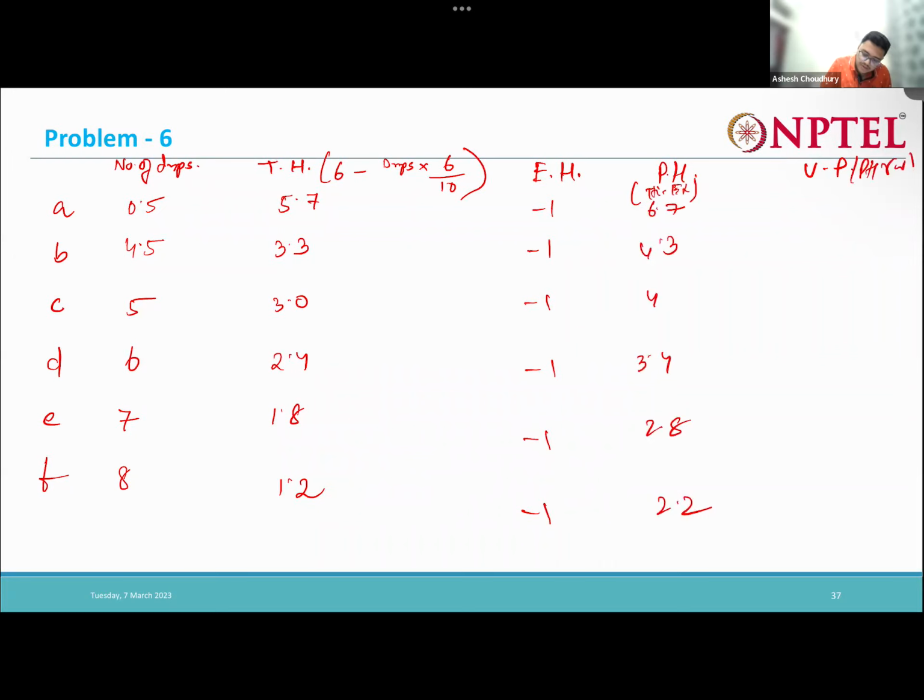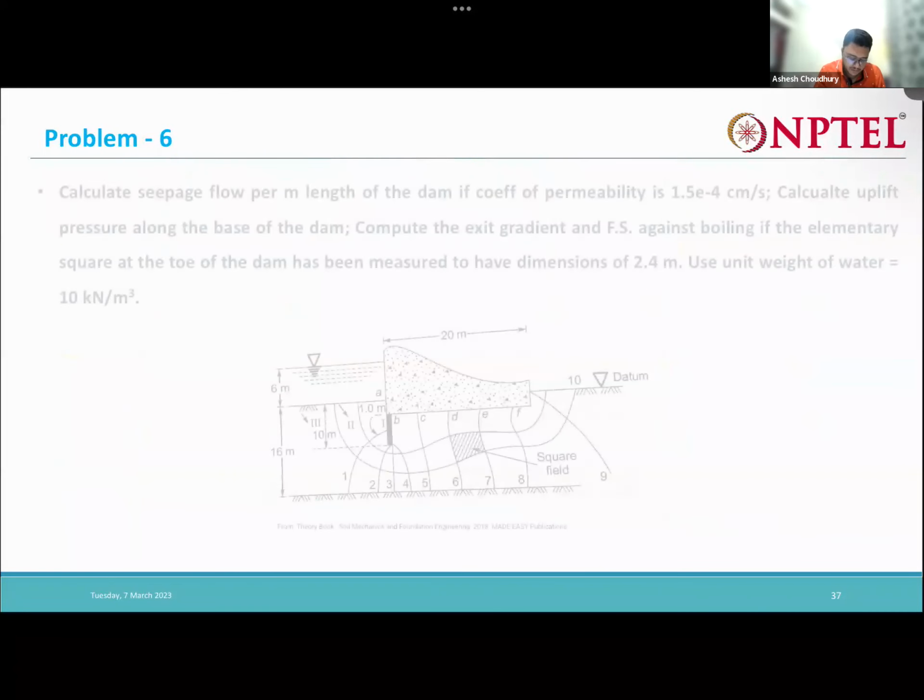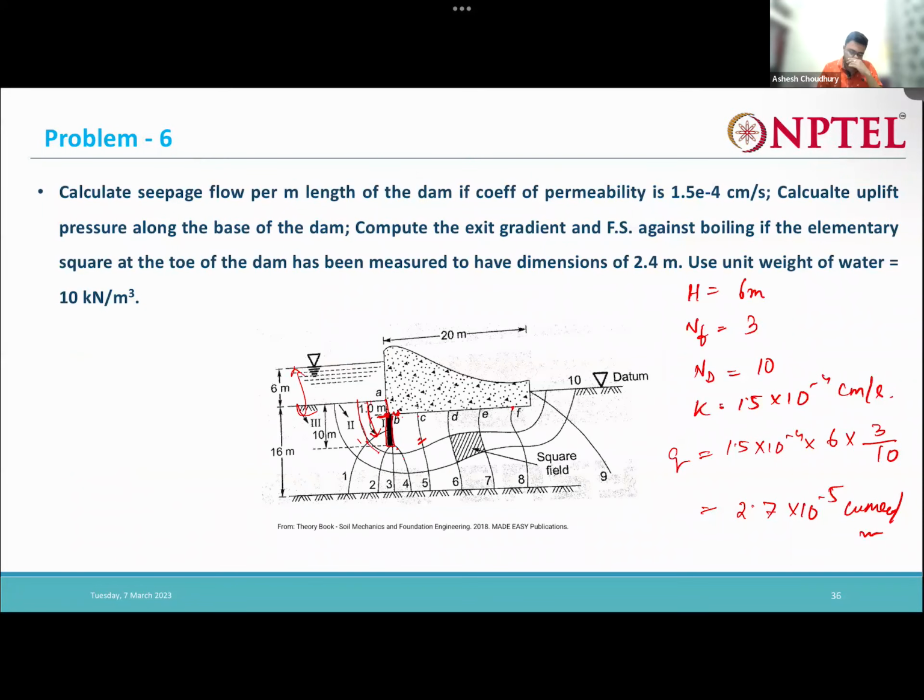Pressure head into gamma W. Gamma W, in the question it's told to us that you can take 10. Okay, so 6.7 into 10, 57, 43, 40, 34, 28, 22. Okay, so we calculated the uplift pressures along the base.